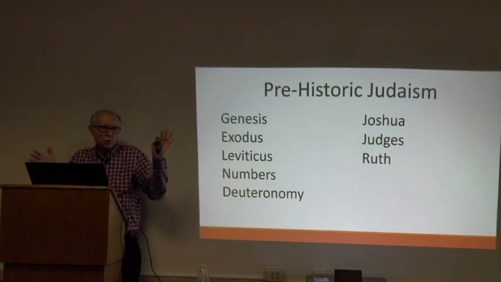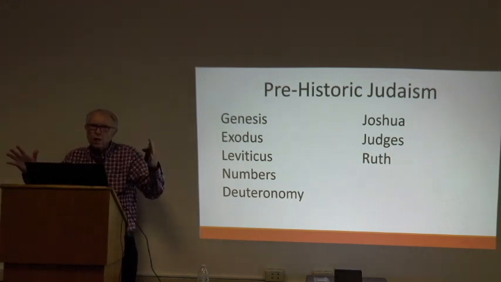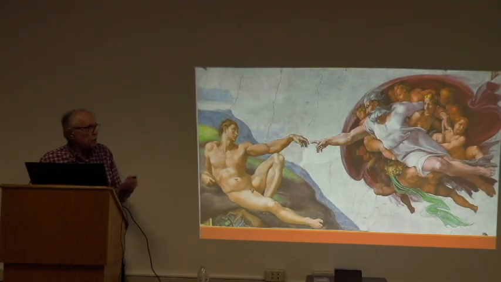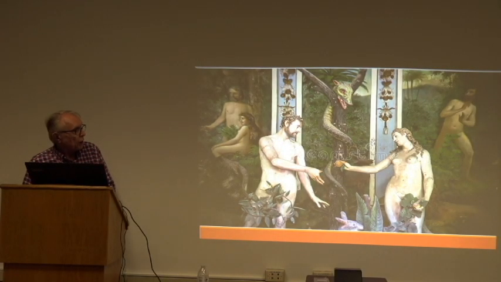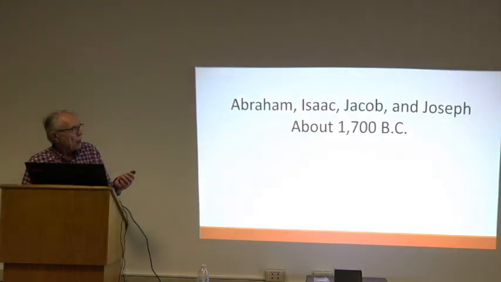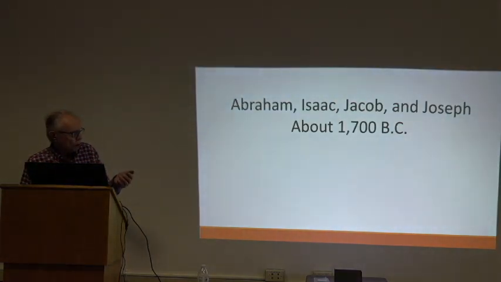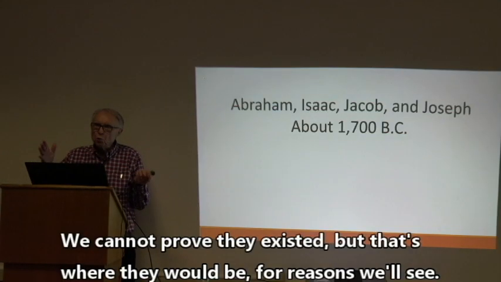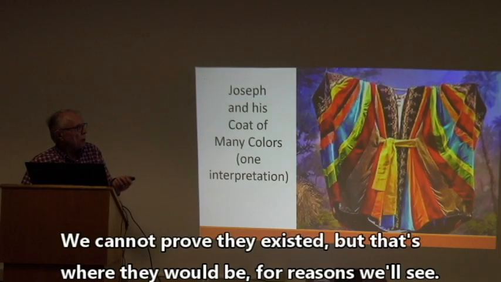Those 8 books are covering that prehistory. And there is creation, there is the temptation. Abraham, Isaac, Jacob, and Joseph are usually dated around 1700 BC. We cannot prove they existed, but that's where they would be for reasons we'll see.